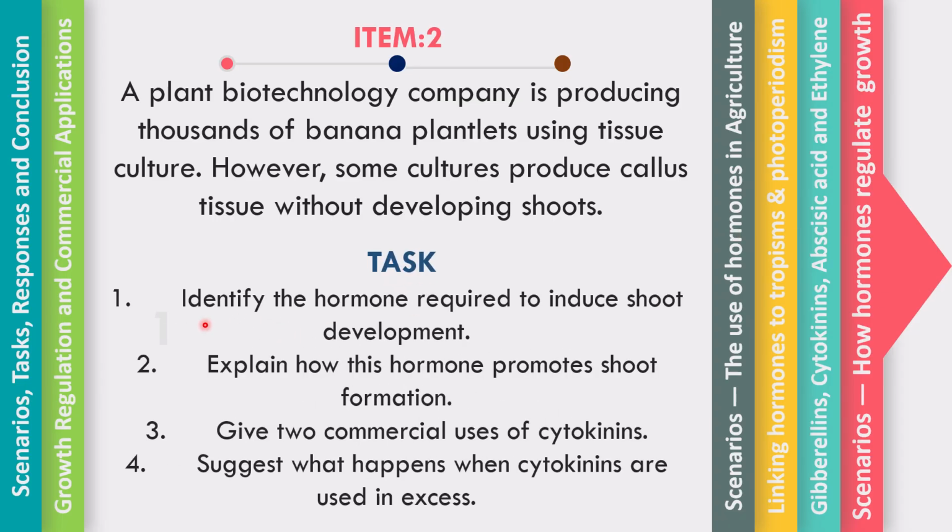Task: Identify the hormone required to induce shoot development. Explain how this hormone promotes shoot formation. Give 2 commercial uses for cytokinins. Suggest what happens when cytokinins are used in excess.